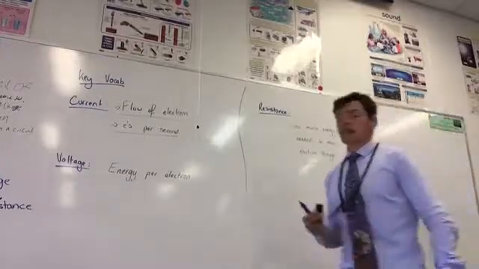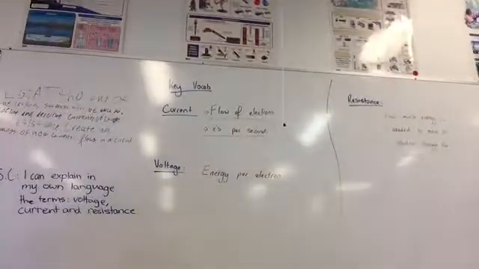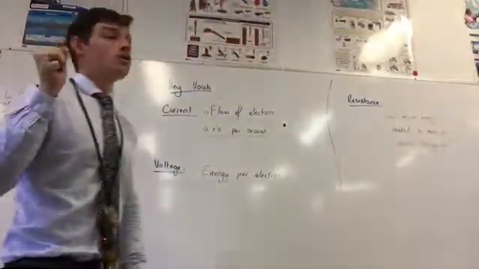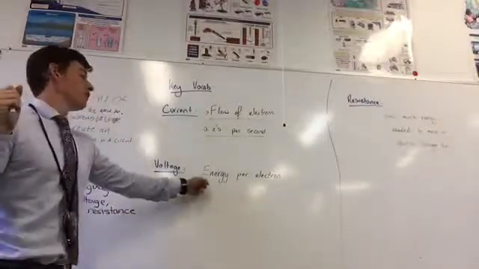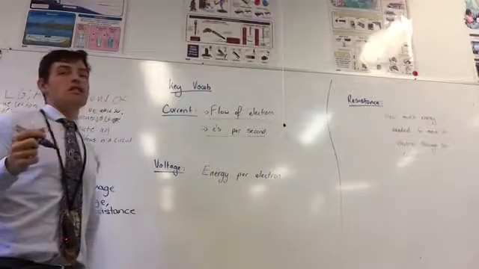So when we come back to current, has anyone heard of a unit we use for current? It's pretty common. Watts is a unit of power. Joules is a unit of? Force?